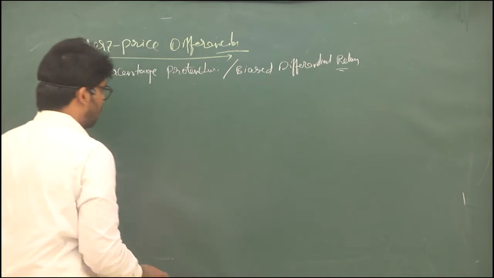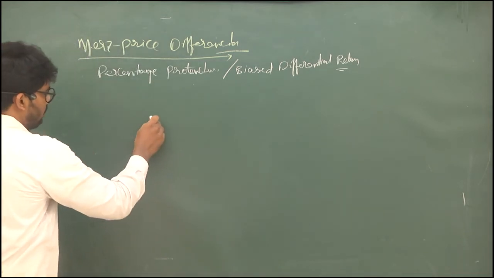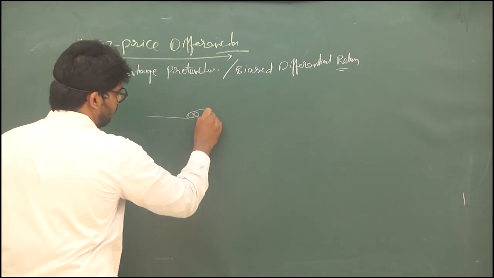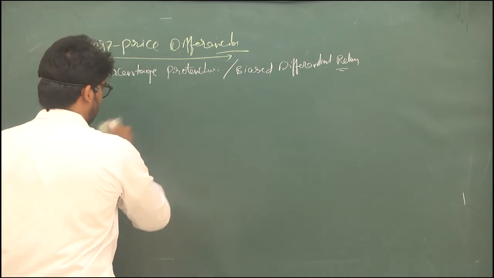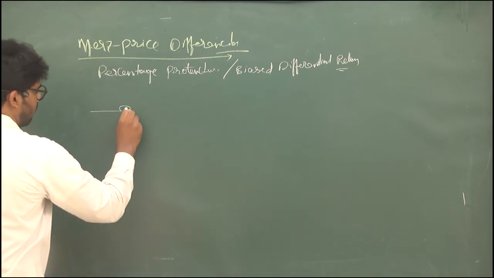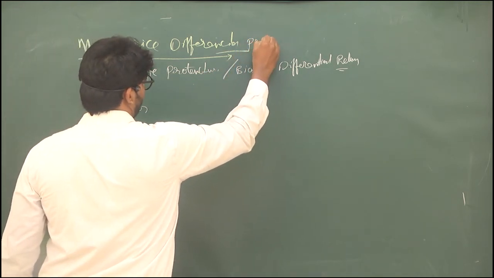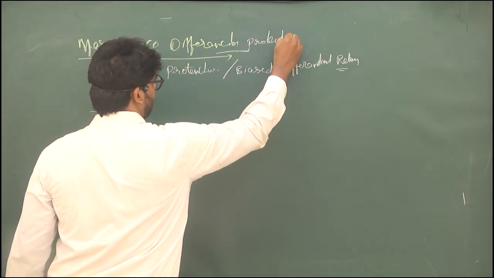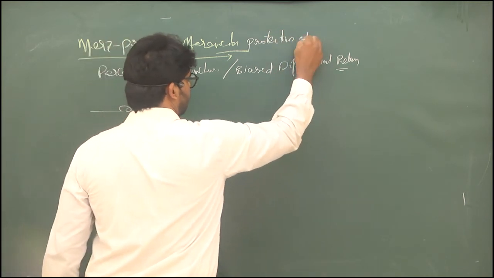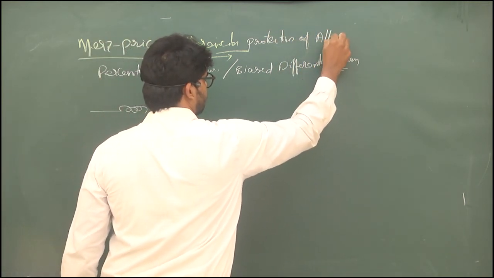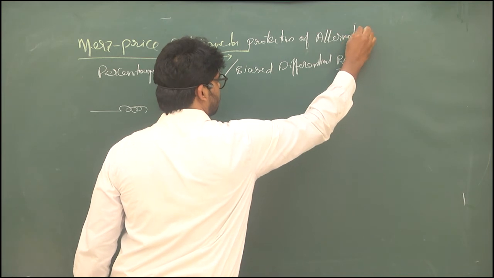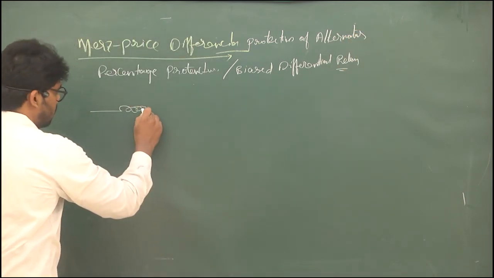So we'll see this. For example, we already know from the beginning, this is the stator Merz-Price differential protection of the alternator. This is the coil.